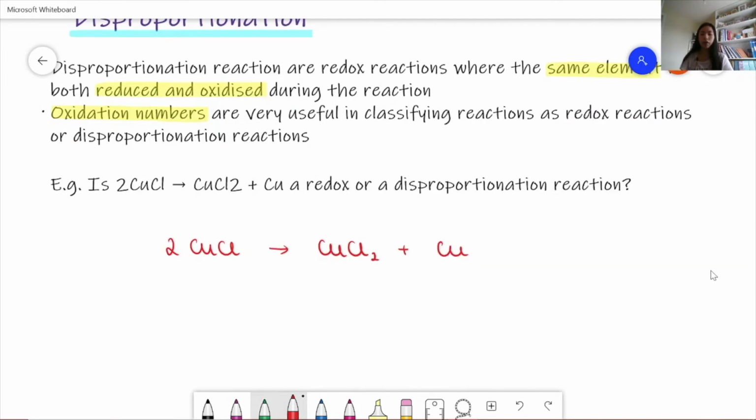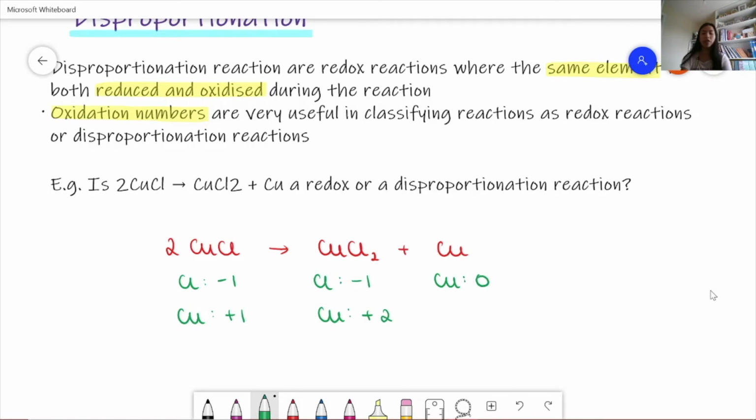So we have copper(I) chloride, so the oxidation number of chlorine will be -1, and then copper we would give +1, and this is why we call it copper(I) chloride, and we'll go into this a bit later. And then for copper(II) chloride with the 2 chlorines, each of the chlorines would be -1, and so the copper would be +2. And then for copper, this would be 0 because copper is just an element.